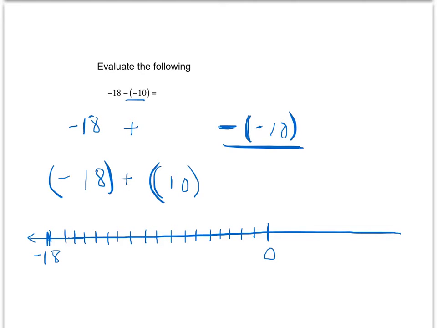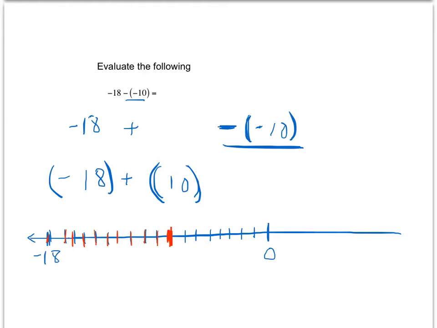Now I add +10. I'm going to add 10 units to the number line, but I'm going in a positive direction. I'm switching colors on you. So I'm going to start at -18. That's where I'm at, and I'm going to go 10 units in a positive direction. So here we go. 1, 2, 3, 4, 5, 6, 7, 8, 9, 10. And here we are.